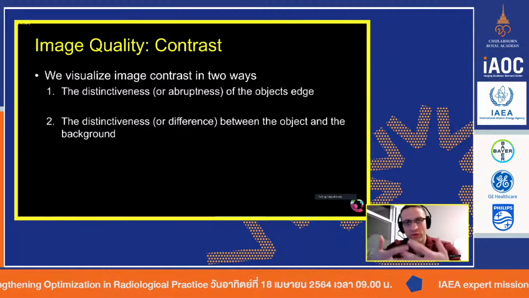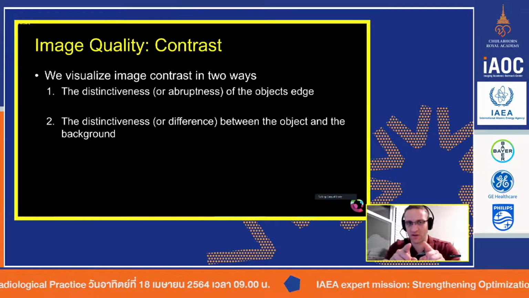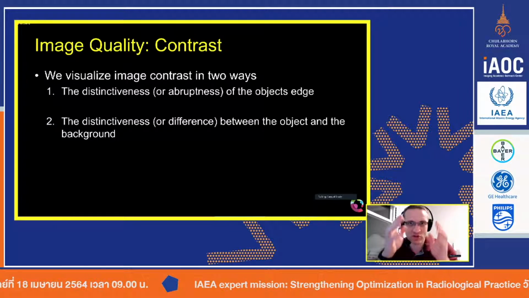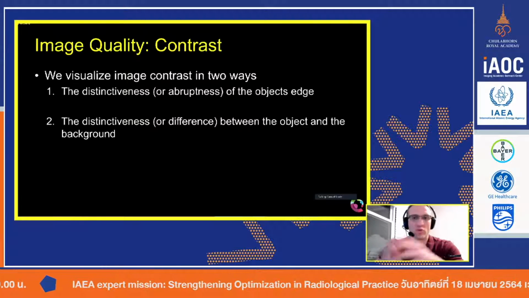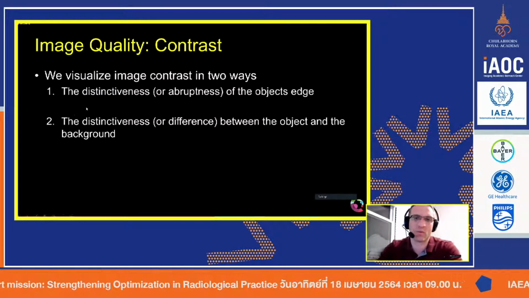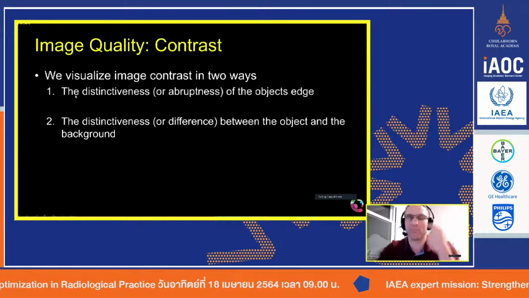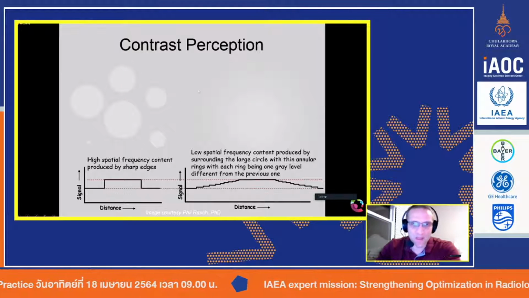But through that process, we have made the edges a little softer, and so we've actually diminished this Mach band effect. To the eye, these images are not as pleasing because we're reducing one of the two ways we visualize contrast. We are reducing the ability for our eyes to see contrast because we're removing the edges. So let's talk about that.